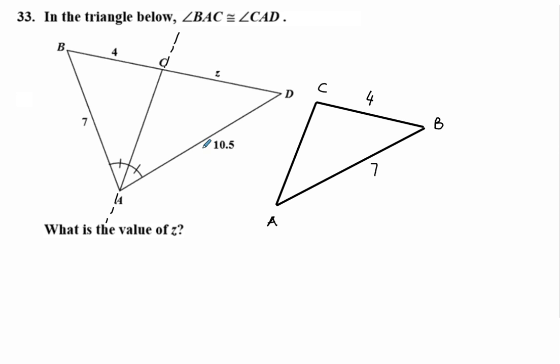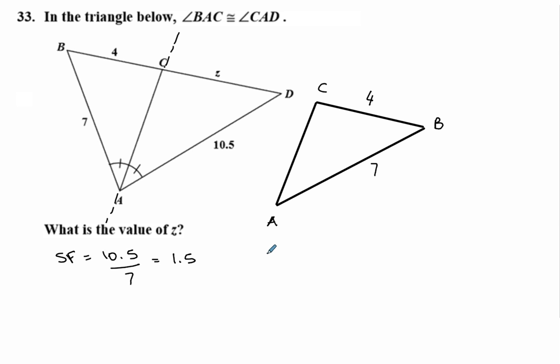Okay, so again, we've got two similar sides. So your scale factor is 10.5 divided by 7. Which again is 1.5. I just love it, don't I? And then if you have to calculate the value of Z, it's going from smaller to bigger.